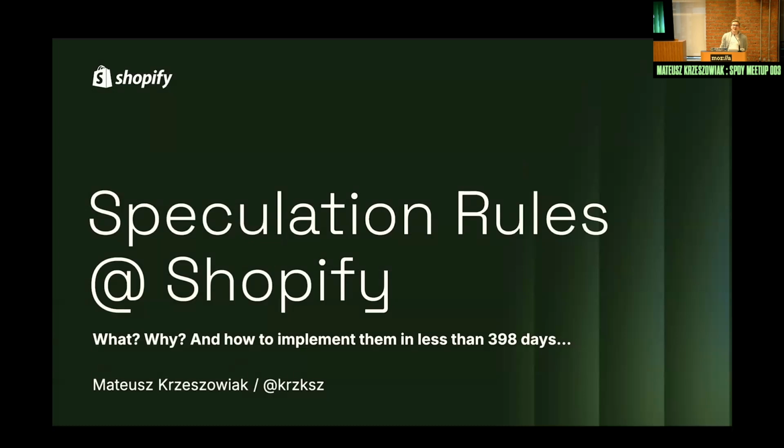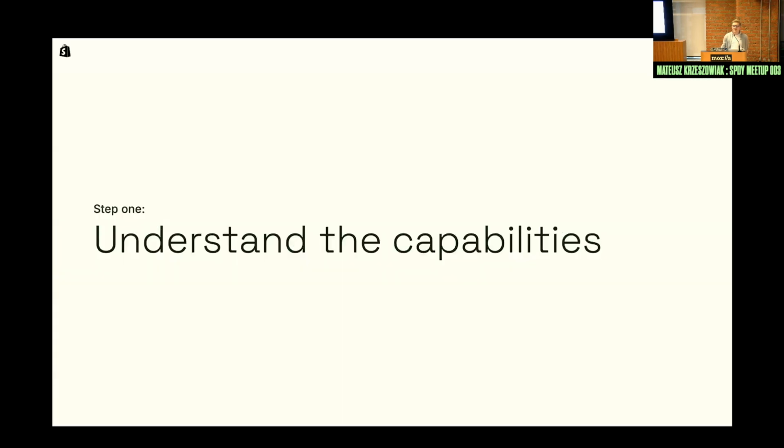So, without further ado, I wanted to take you through this whole journey that we had. As you could see, it took us over a year. So I want you to understand how it happened, and I want to take you through the steps of implementing speculation rules in a better way than we did at first, and hopefully in a similar way as we are doing right now.